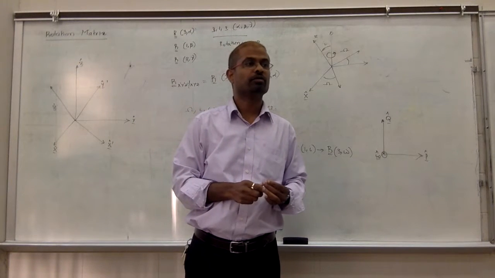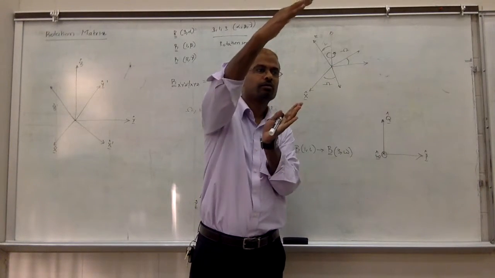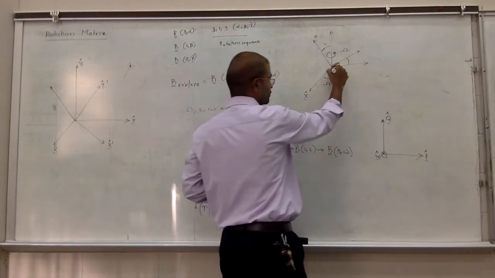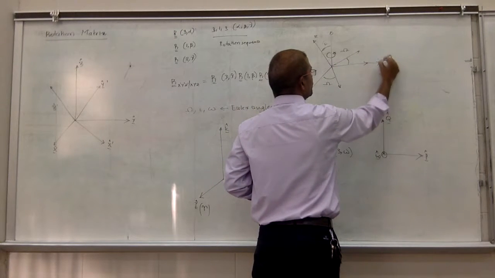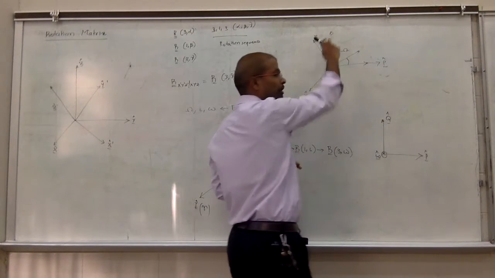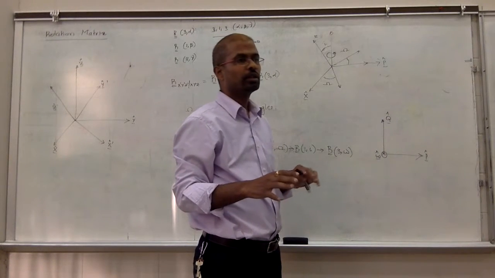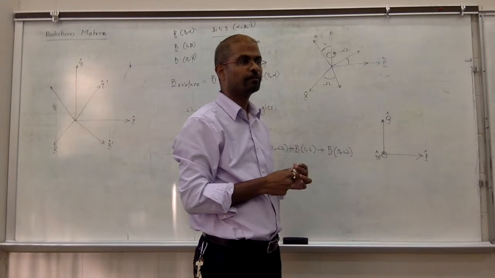It will align with the perigee direction, so this will become the new P. Got it? And then the y of that is simply completed by the right-handed rule.